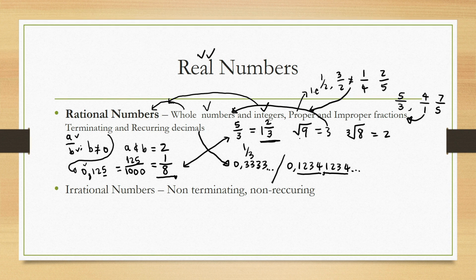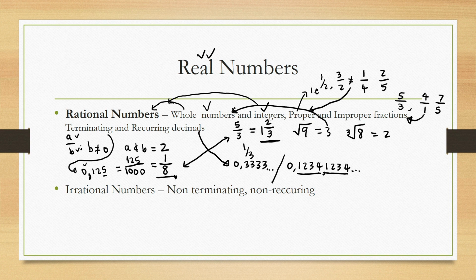So the square root of a perfect square and the cube root of a perfect cube both fall under rational numbers, because the answer that you get is an integer, which is also a whole number. I hope that was clear.